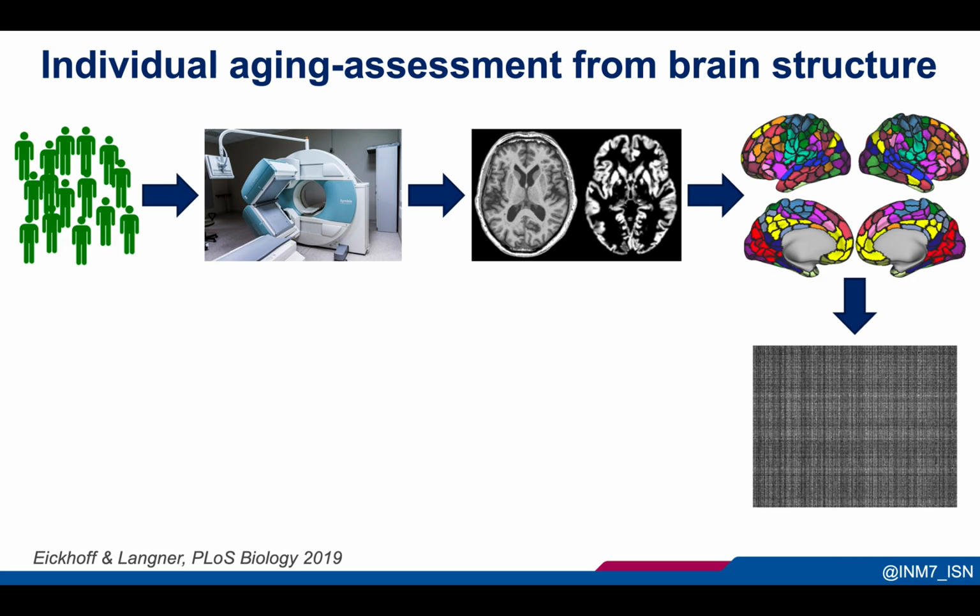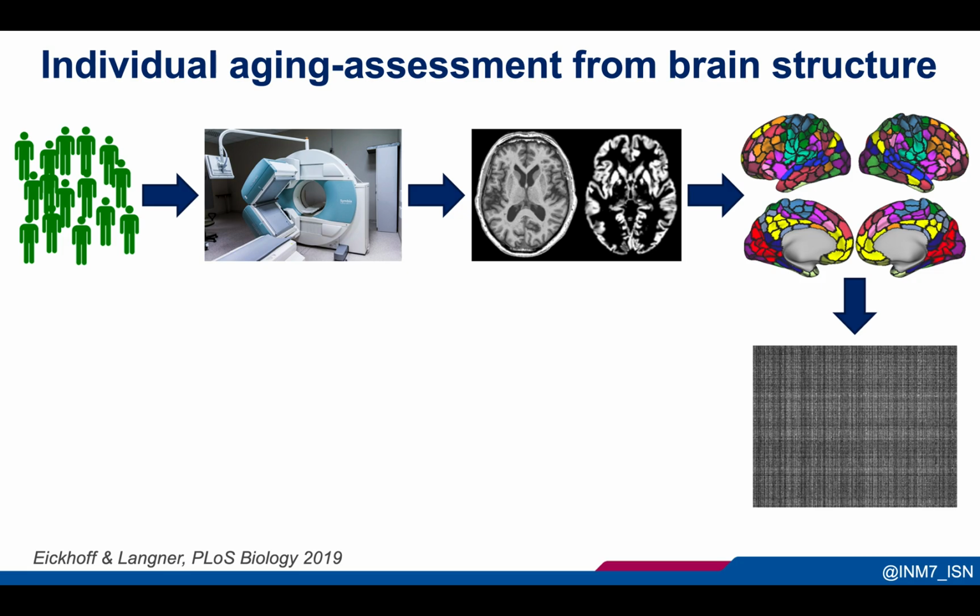Rather, the brain is organized into what long has been termed brain areas, and the fundamental assumption here is that within each brain area, structure, function, and connectivity are relatively homogeneous, whereas they change between areas.